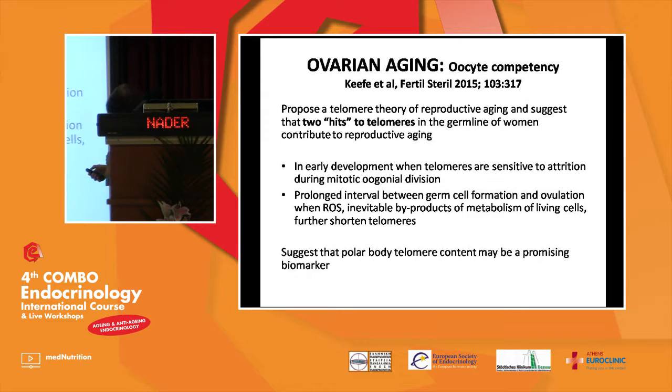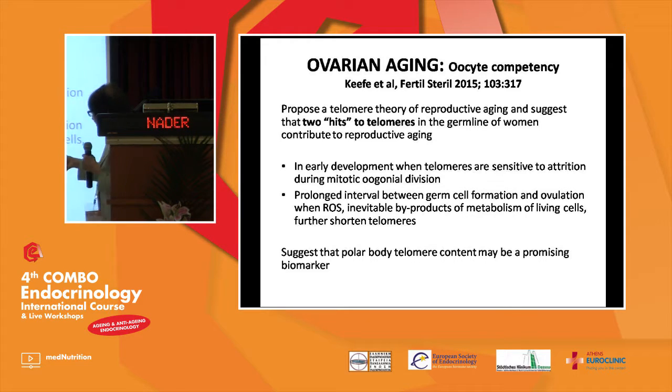They suggested that there were 2 hits to the telomeres in the germline of women that contribute to reproductive aging. In early development, when the telomeres are sensitive to attrition during the mitotic process, the more mitosis you have, the more likely you have to have some telomere attrition.